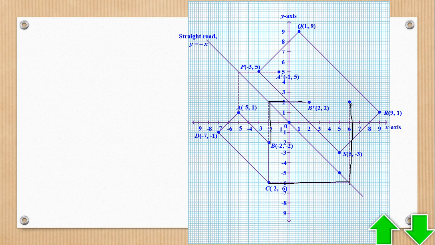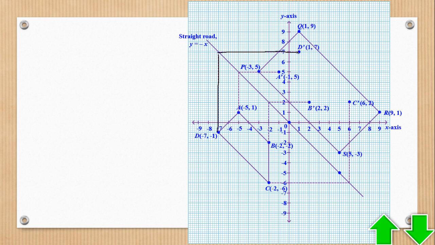That is the image of C. What about the image of D? Let me first repeat again. 1, 2, 3, 4, 5, 6, 7, 8. Then horizontal 1, 2, 3, 4, 5, 6, 7, 8.